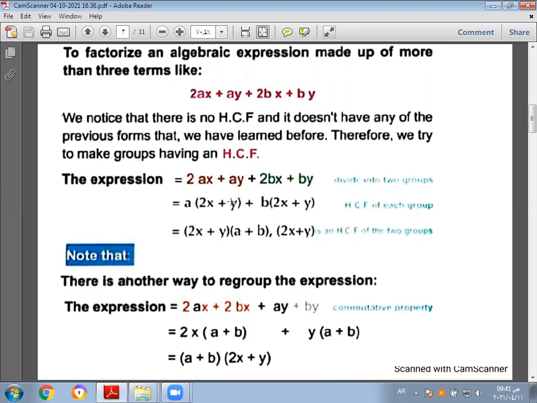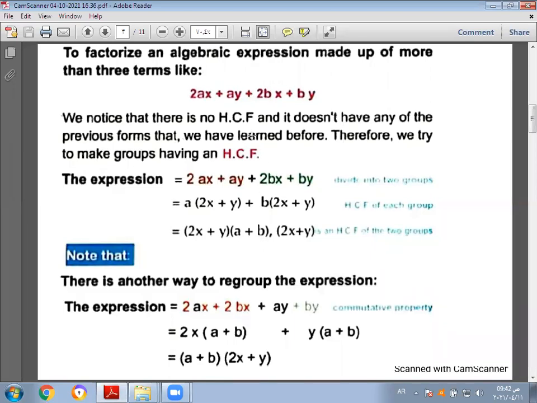If we take it as HCF, we find the remainder will be a plus b. Now we factorize the first algebraic expression 2ax plus ay plus 2bx plus by as 2x plus y multiply a plus b.